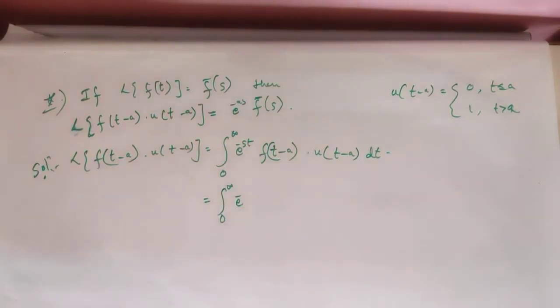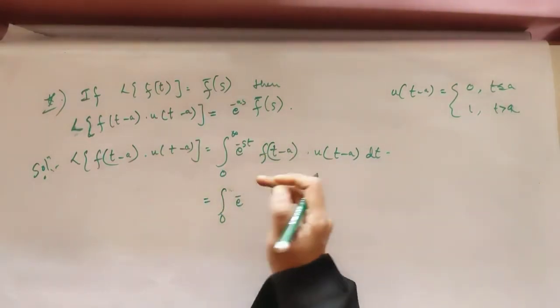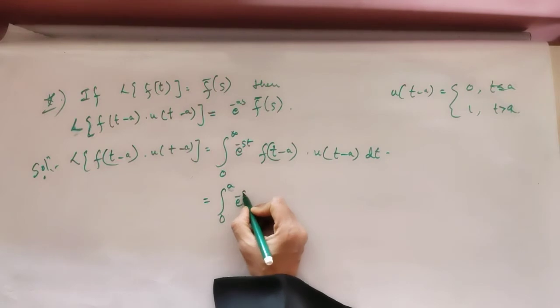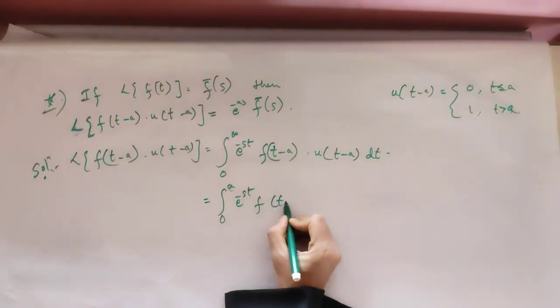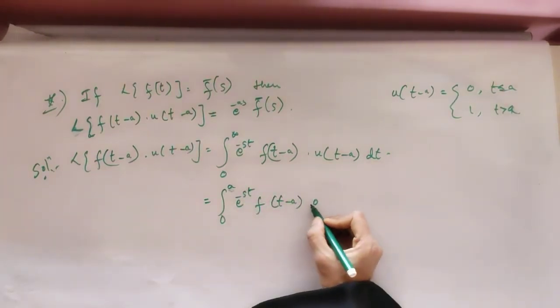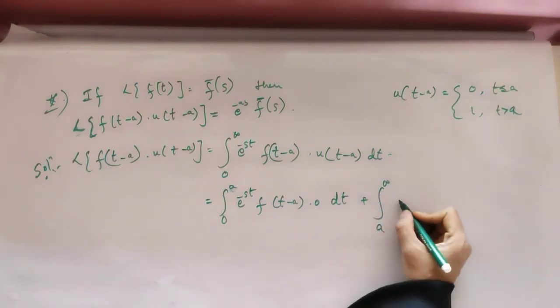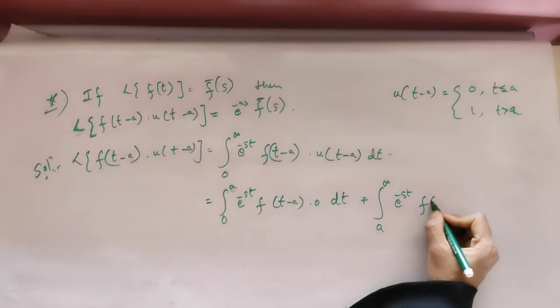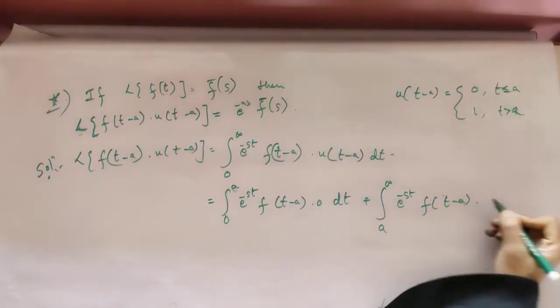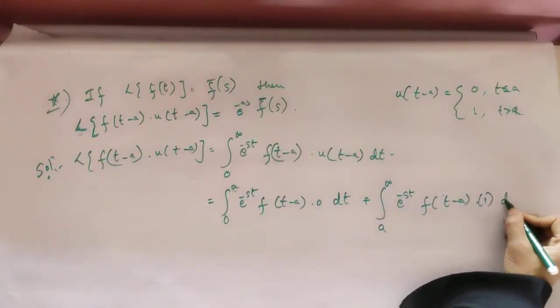We have to split here, one minute. Integration 0 to a, e to the power minus st, f(t minus a) as it is, but u(t minus a) in this interval is 0, dt, plus under the integral sign from a to infinity, e to the power minus st, f(t minus a) into u(t minus a) which is 1, into dt.